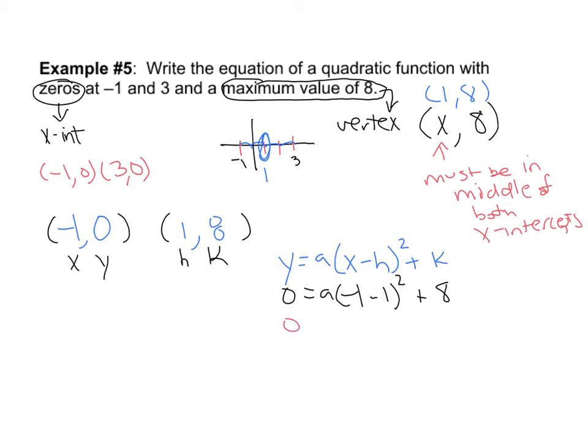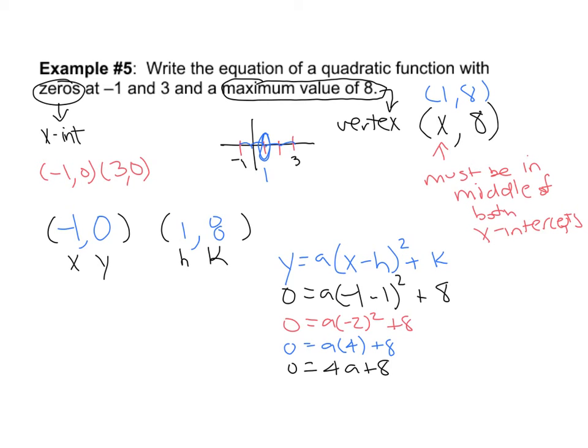All right, let's break this down. 0 equals a times -1 minus 1 gives me -2 squared plus 8. That is 0 equals -2 squared, which gives me 4, so a times 4 plus 8. Well, that's really just 0 equals 4a plus 8.